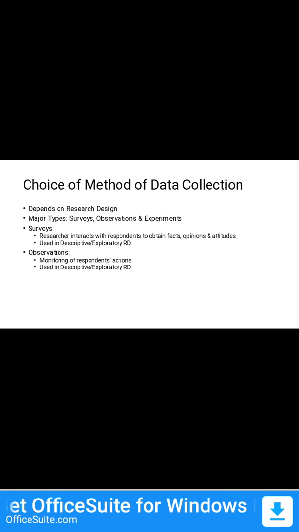Here I have used the word respondent. Generally in observation, we replace the word respondent by subject. So the person on whom you are conducting the research, or the person whom you are observing, is not going to be a respondent. You will have to call him your subject, and the reason behind that is the respondent responds, while here there is no communication.